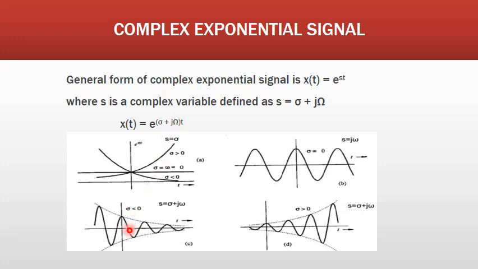The signal is shown in figure C, exponentially decaying sinusoidal signal. And the next case is sigma greater than 0 with a finite omega. Then the signal is exponentially growing sinusoidal signal. So, the last case, exponentially growing sinusoidal signal, which is shown in figure D.